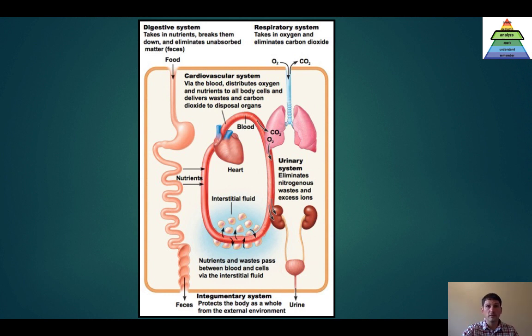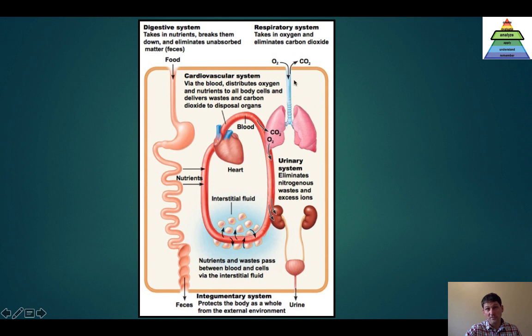And so in this instance, right, you can see that our digestive system is bringing in nutrients and food. Well, those nutrients make their way into our circulatory system, okay? What's left is removed through our feces, but those nutrients then are circulated throughout our body, pumped by the heart, and they will then diffuse into our cells and into the interstitial fluid, and that's where our lymphatic system will help clean up the leaked fluid.